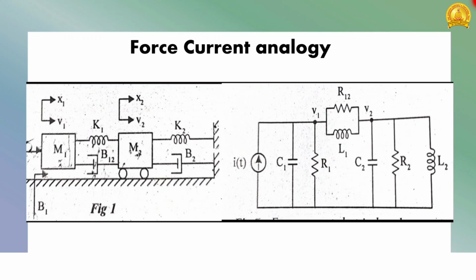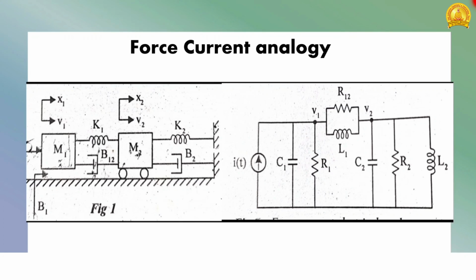So we will be having two nodes in the electrical system, represented by capital V1 and V2. Then connect all the elements that are connected between the two masses in the mechanical system as common elements between the two nodes in the electrical analogous circuit. The thing we have to consider is that the elements that are having the same velocity in the mechanical system should have the same voltage in the electrical system.